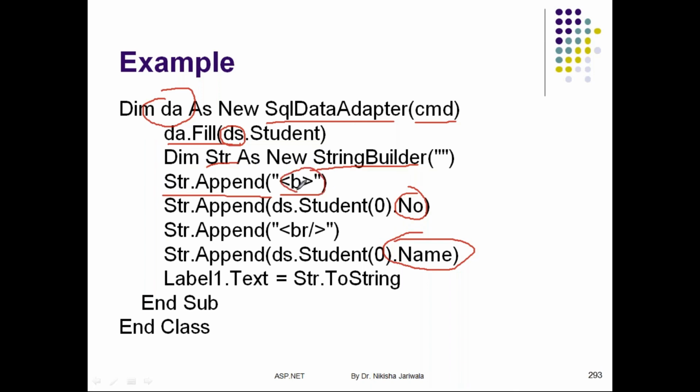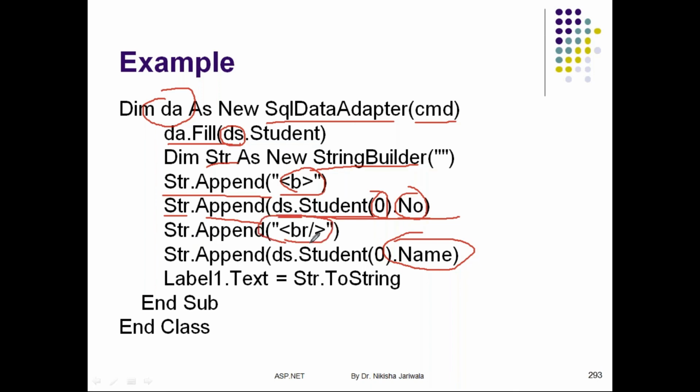Because I want to retrieve all the string in bold form, right? Then I have used str.Append again, that is ds.Tables, the 0 number record, right? And from that 0 number record I want to retrieve the value of number, that is roll number. So I have specified it this way.